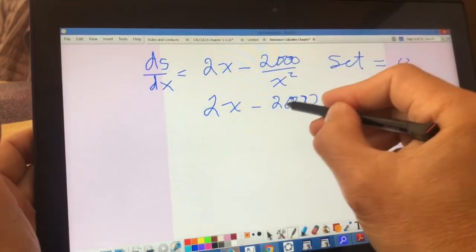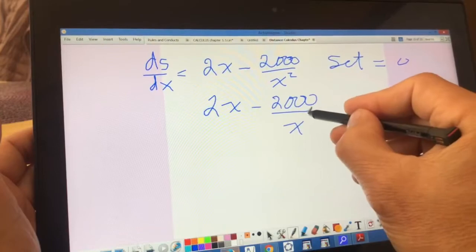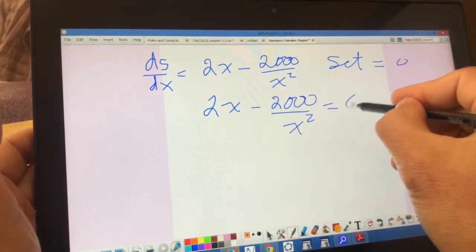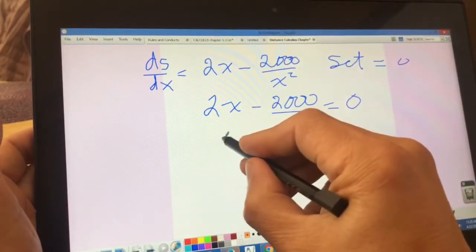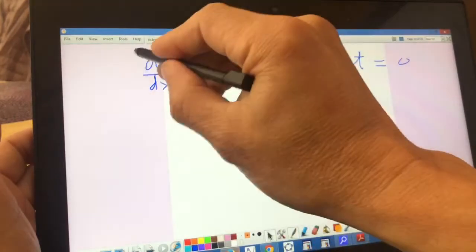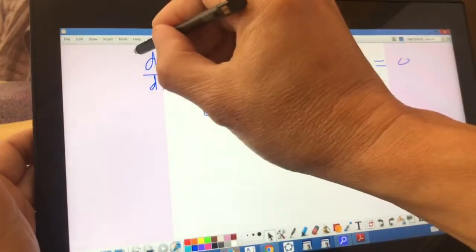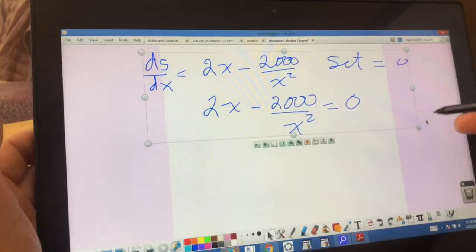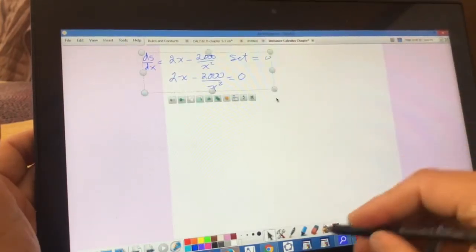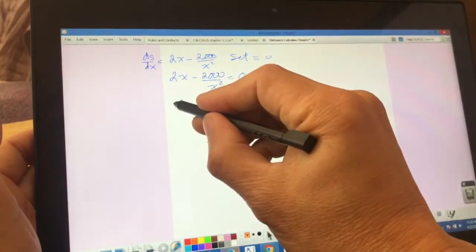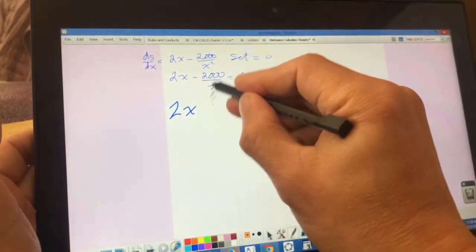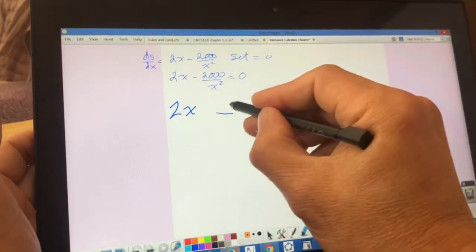Calculus is algebra at some point. Okay, so let me reduce the size here. All right, so now you've got your 2x. I'm going to add this amount to the right hand side.